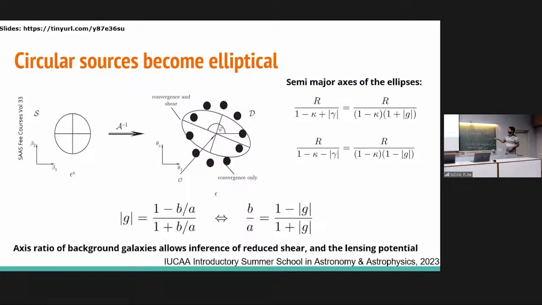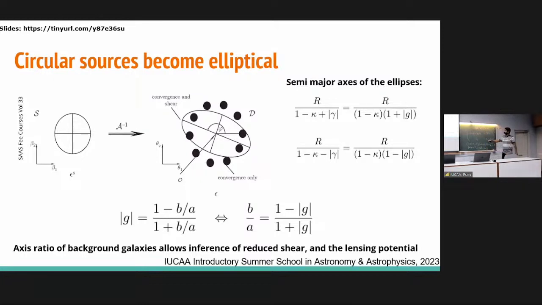Okay, so axis ratios of these background galaxies can tell you something about this reduced shear. So, as I told you, you observe the shape of the galaxy. If the galaxy was circular, then its shape will directly tell you what the reduced shear is at its location in the lens plane.